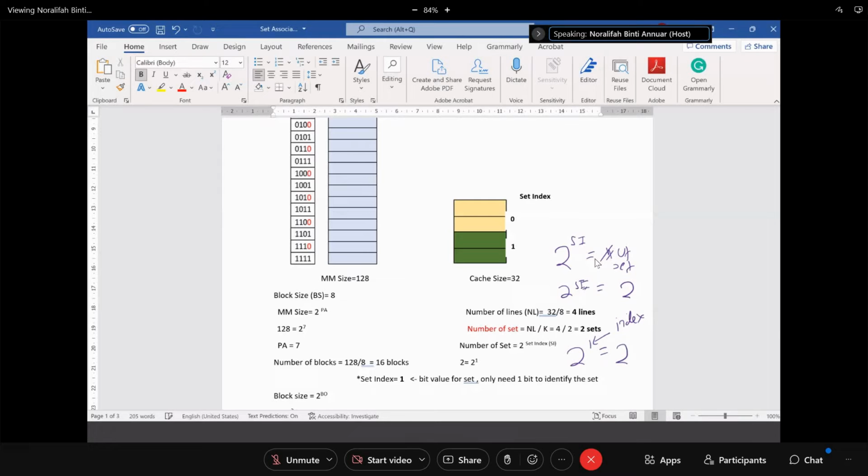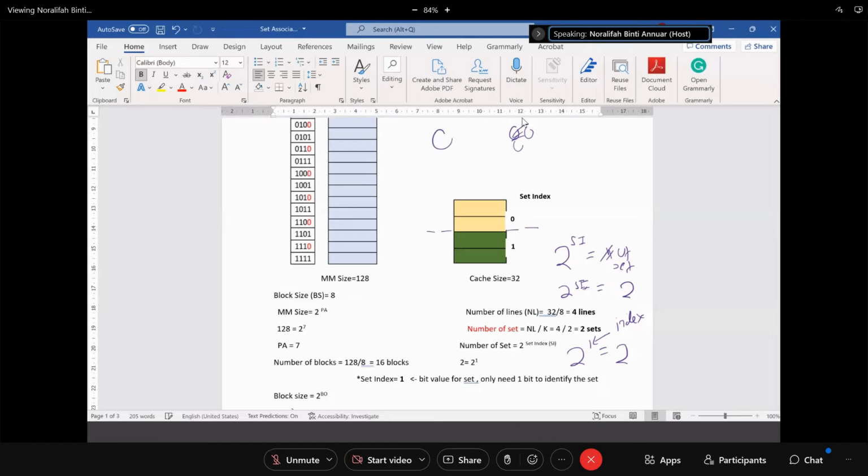So 1 bit with 2 possible combinations. Kalau 1 bit, kosong je lah. So kosong lepas kosong 1, so 2. So dekat cache you akan ada 2 set.